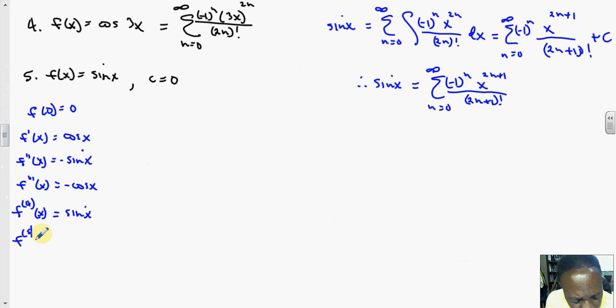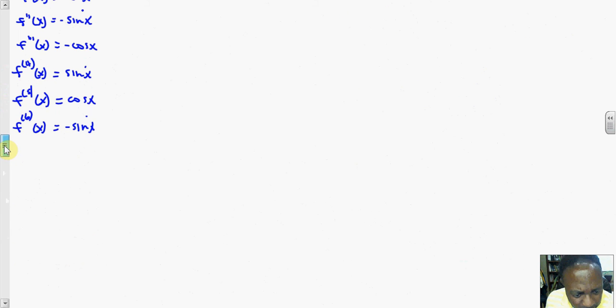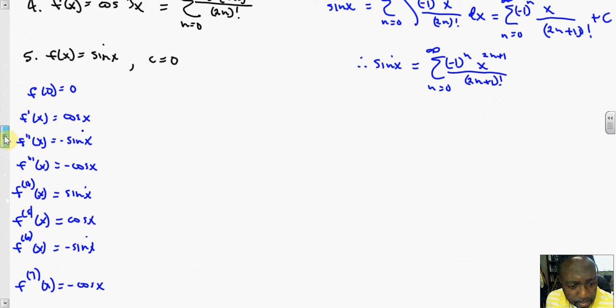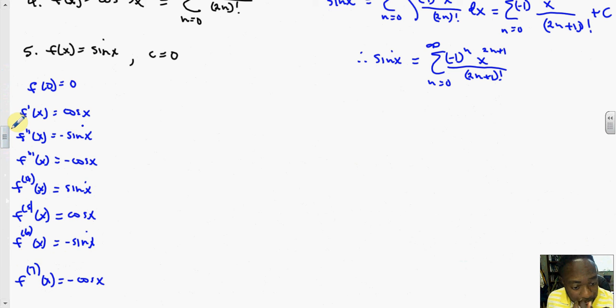The fifth derivative at x, cosine x. The sixth derivative at x, negative sine x. Let's do one more. The seventh derivative at x is negative cosine x. And we evaluate these terms at 0.